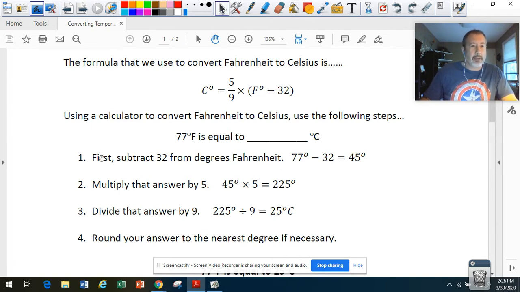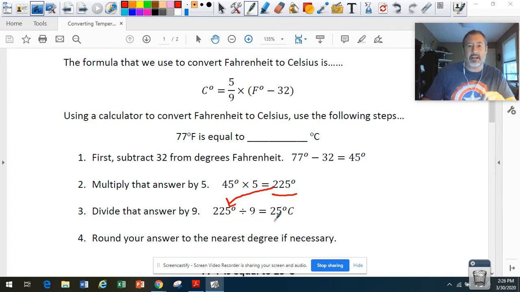The first step says, subtract 32 from degrees Fahrenheit. So we're going to take 77 minus 32, which equals 45 degrees. Next step, multiply that answer by 5. So I take my 45 degrees and multiply that times 5, and that gives me 225. Then I take that amount, 225, and divide that by 9.